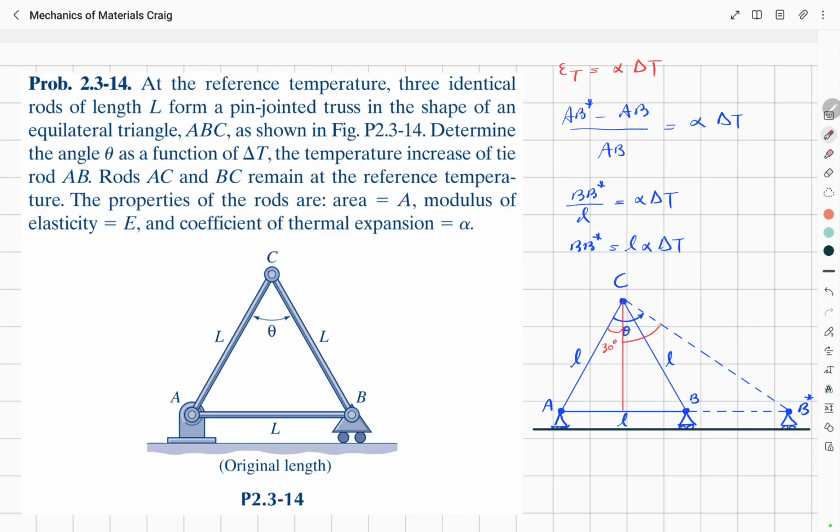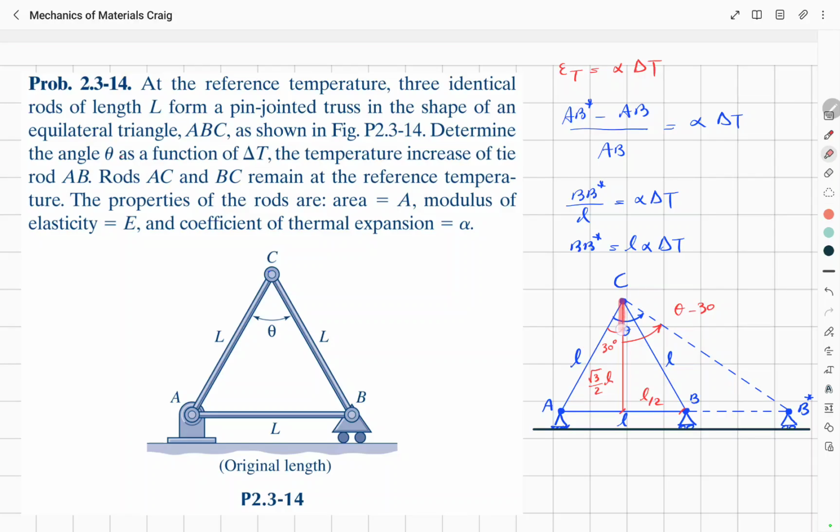So this angle would be theta minus 30 degrees. This is going to be L divided by 2, and this altitude length would be cosine of 30 degrees multiplied by L, which is square root of 3 divided by 2 multiplied by L.